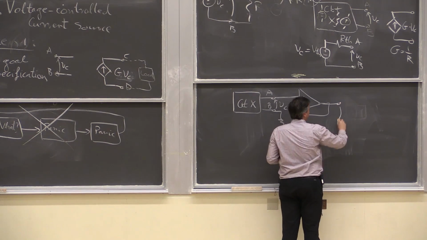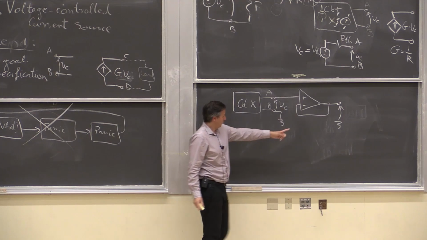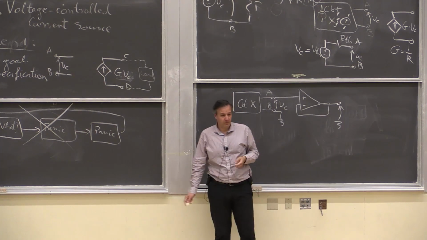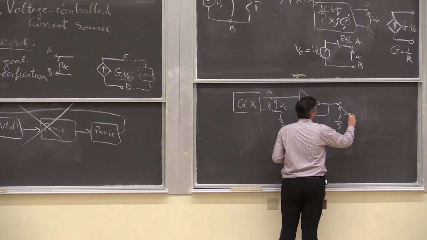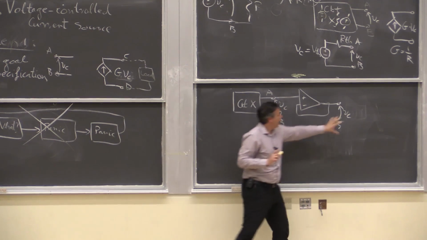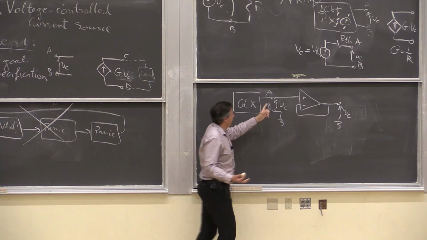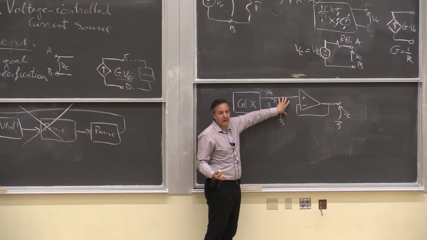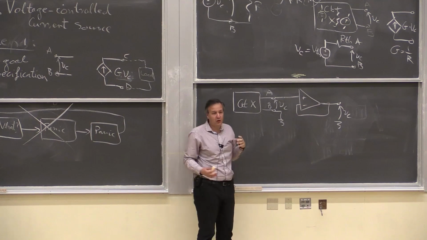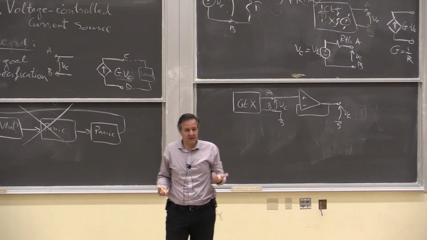So then the output here will be how much? What is the output voltage going to be? VC, right? But there is a major difference here. If I now attach any load here, what is the voltage going to be? Still VC. If I attached any load to the circuit before, just like a simple resistor, the voltage would not be VC anymore. And that's really important.